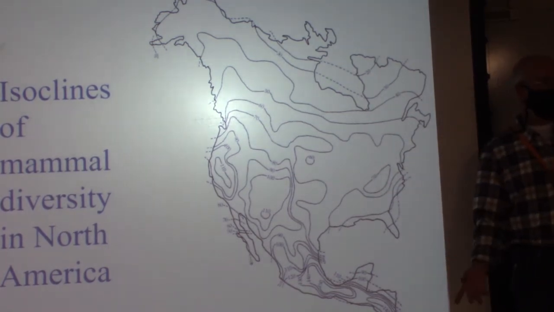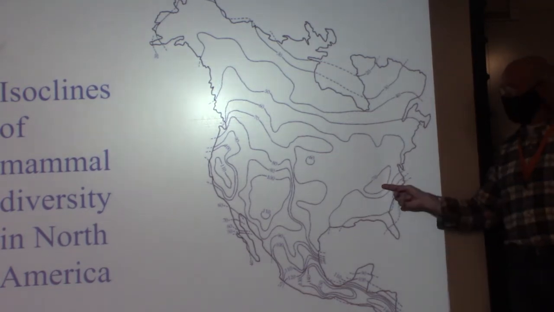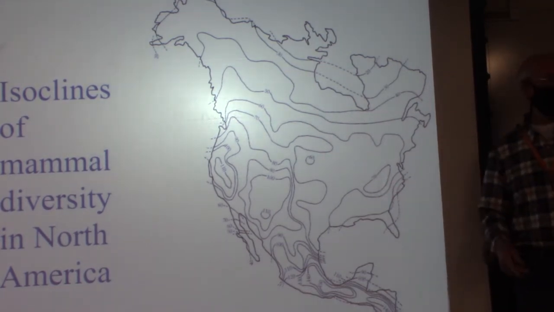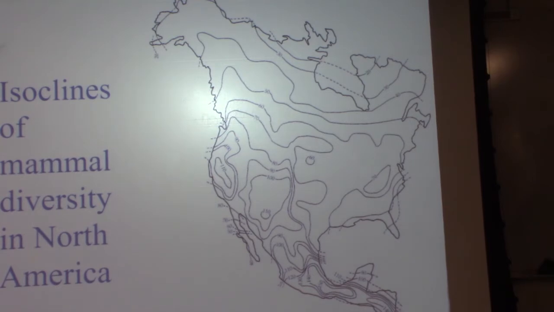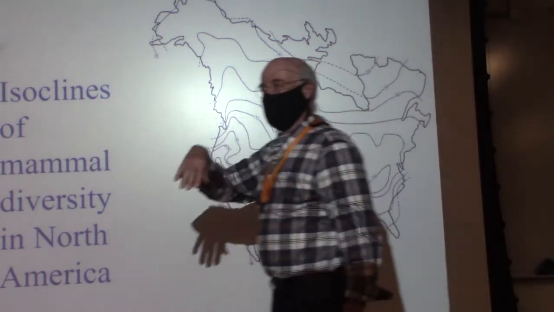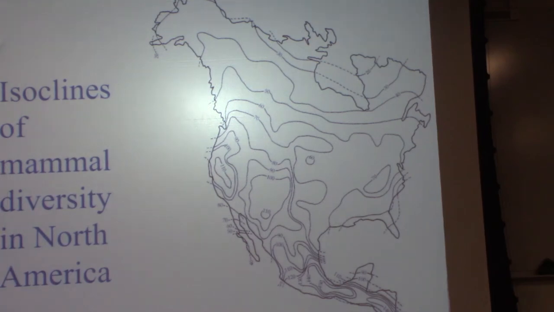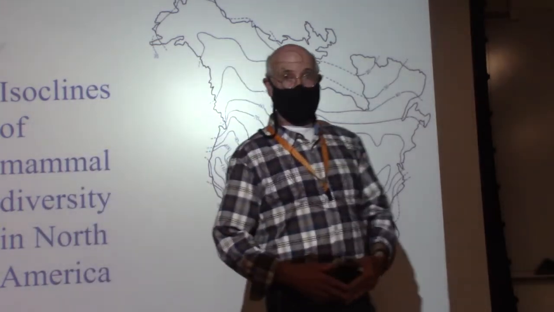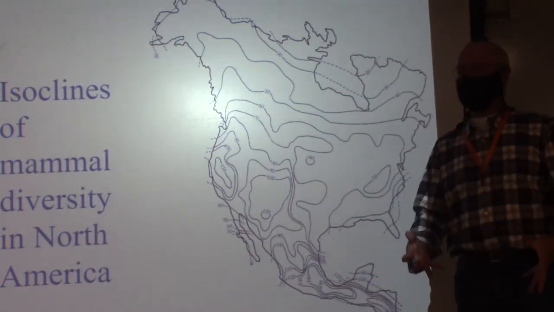Hey, guess what? Mountains mean more species. I wonder why. Habitats. Yeah, because in a very short distance, you can have high elevations and low elevations, and all kinds of different plant species, and all kinds of rocky crevices, and there's a lot of structural diversity and plant diversity.